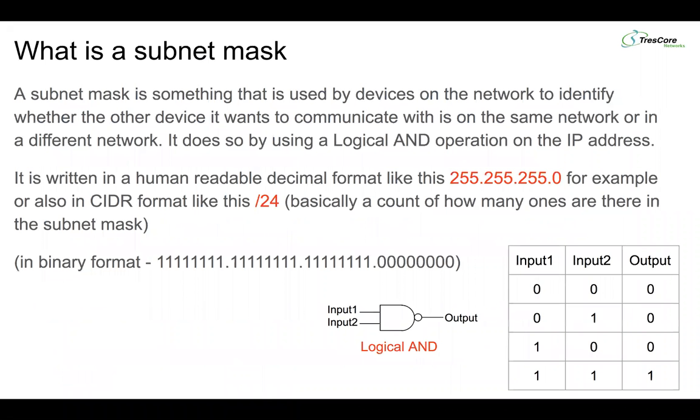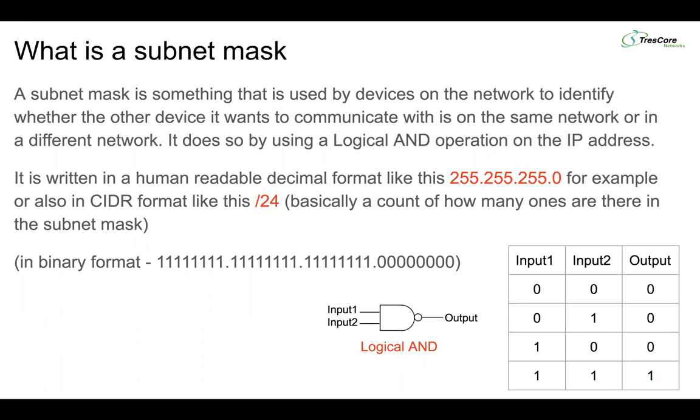Okay, so the subnet mask is important for a device that is trying to communicate with another device, to find out whether that destination device is on the same network or on a different network. The subnet mask is used for that.